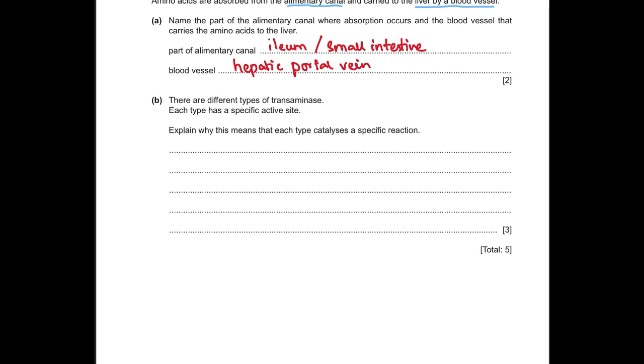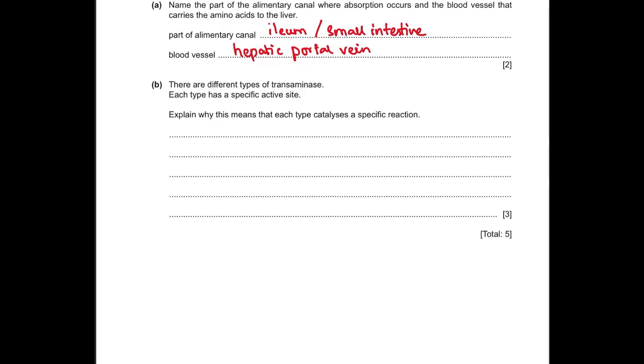Part B. There are different types of transaminase. Each type has a specific active site. Explain why this means that each type catalyzes a specific reaction. In this question, we will explain the lock and key hypothesis.